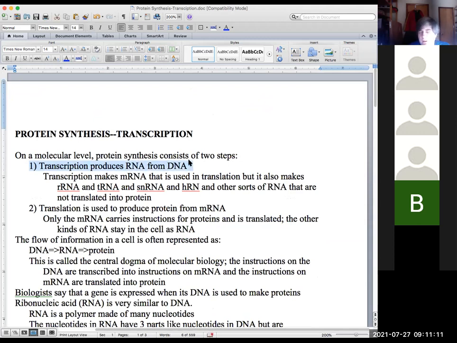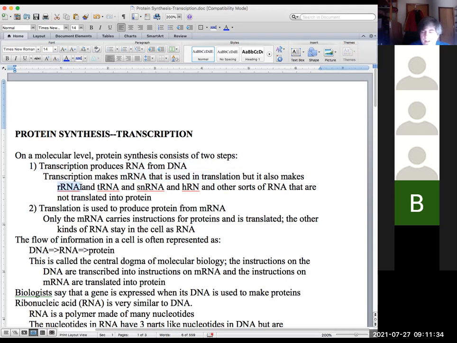In transcription, we're going to use our DNA to make messenger RNA. And there are lots of different types of RNA. Messenger RNA, though, is used in translation. But whenever we make RNA in a cell, it's always made from DNA by transcription.